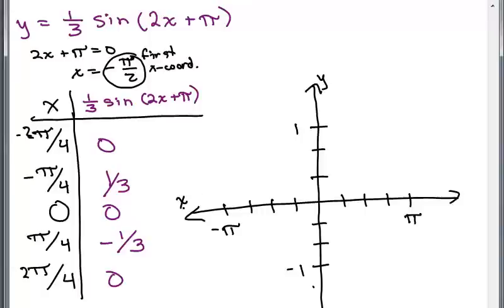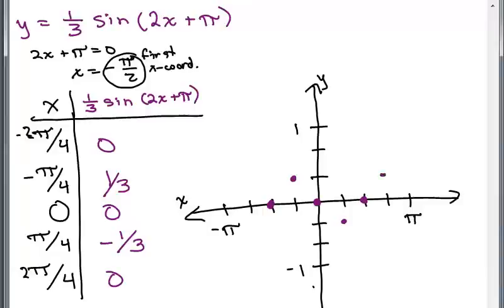All right, so we've got our markings. We're very careful to mark these. So I have -2 pi over 4, 0. That means I'm going over 2 spaces to the left for -2 pi over 4 and 0. And we've got -1 pi over 4, up 1/3. There's up 1/3. 0, 0. Pi over 4, -1/3. And 2 pi over 4, 0. And there we have, you can hopefully see the shape.